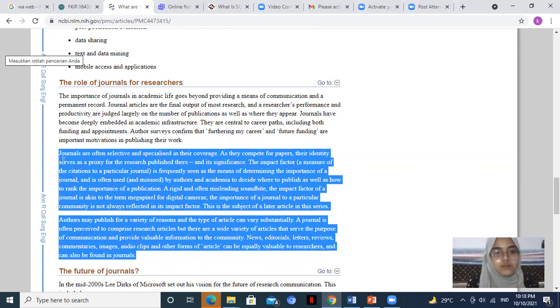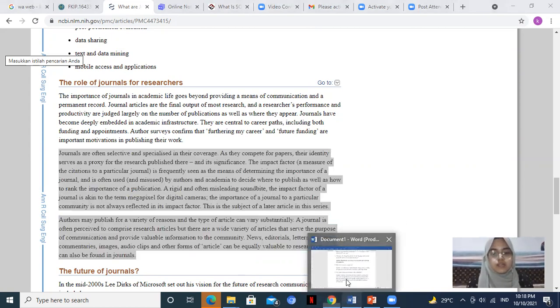From "journals are often selective and specialist in their coverage" until here, and can also be found in journals. And I answer in my words.